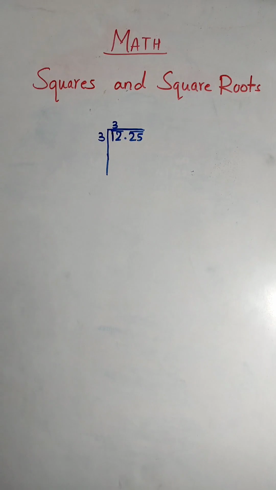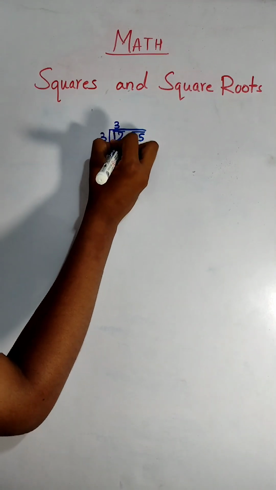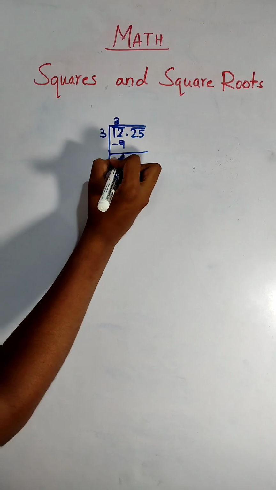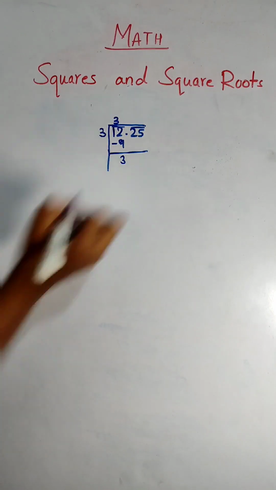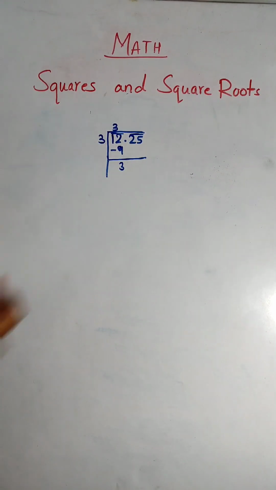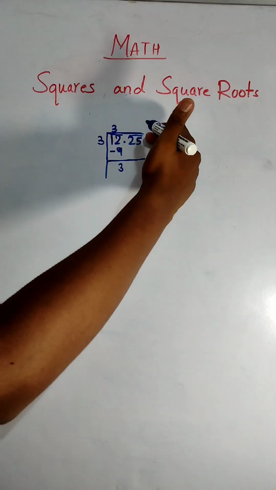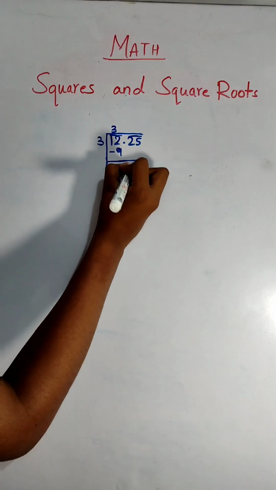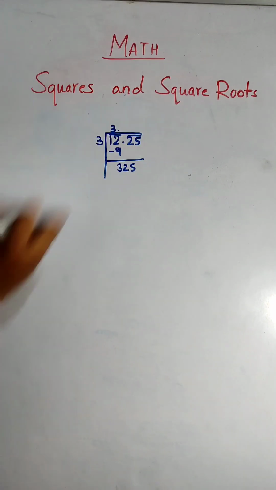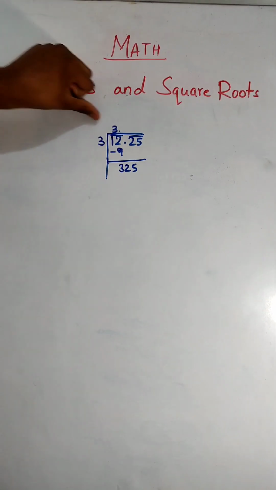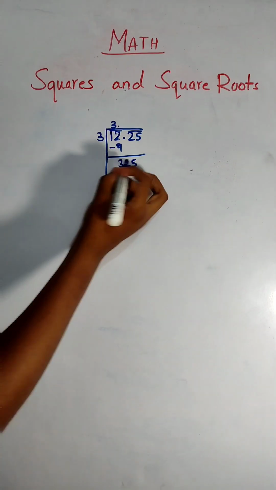Then we subtract the square number itself. After subtraction we get 3. Then we take down the second portion we have kept and keep it as a whole number itself by putting a point in the square root up here.